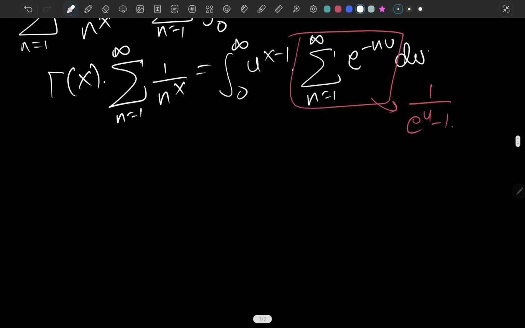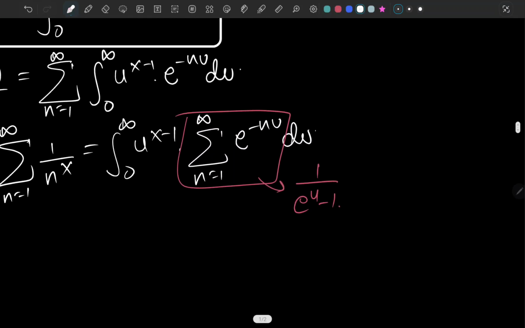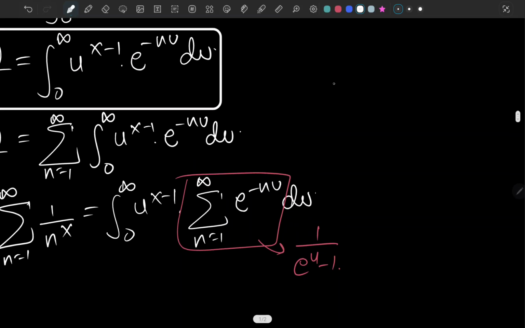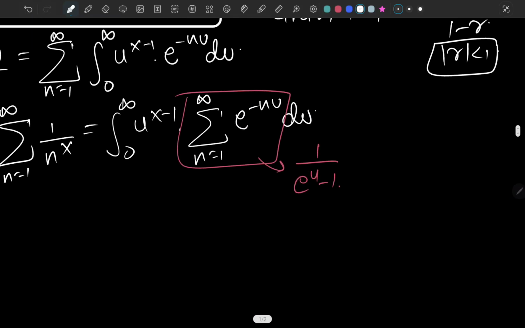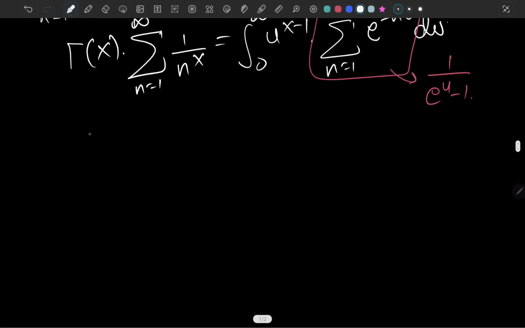It's easy, because we have learned that the infinite geometric series is something like a, then ar, then ar squared, and so on, and that sums to a over 1 minus r, where r should be less than 1. This is the condition of an infinite geometric series, and this is one of those things. So that is what we can do.